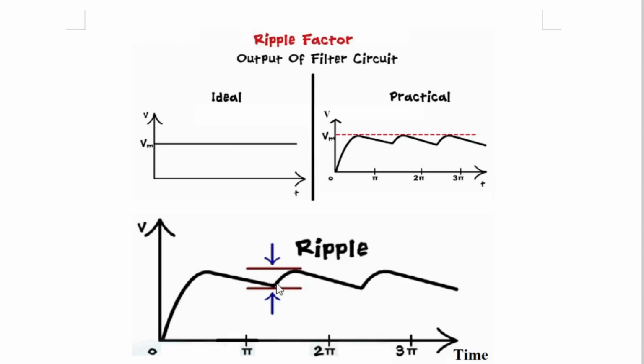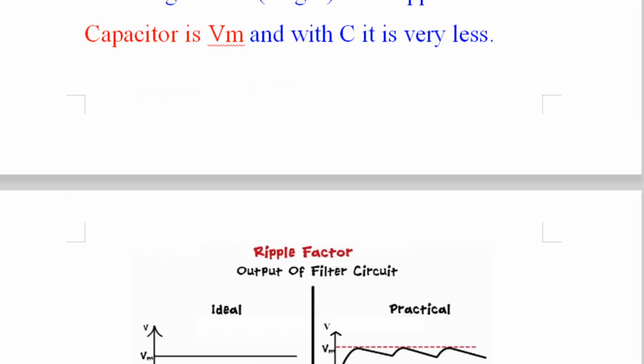See here, this is the starting point of the capacitor to charge and this is the end point. So even though the capacitor discharges, this is the last point. If you draw a line like this, you get an upper line and a lower line like this, and this is called your ripple. So the height of the ripple is very less compared to the height of the ripple without the capacitor.